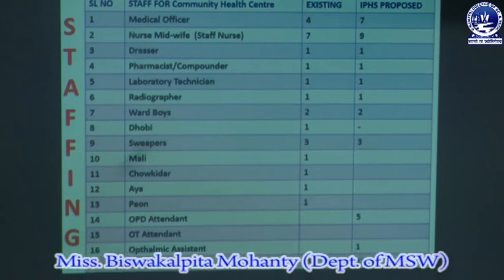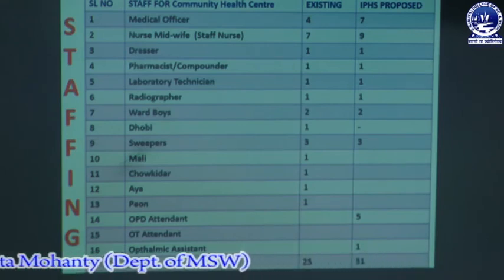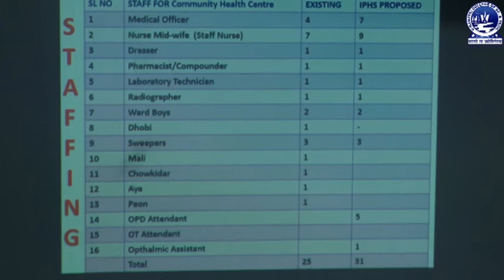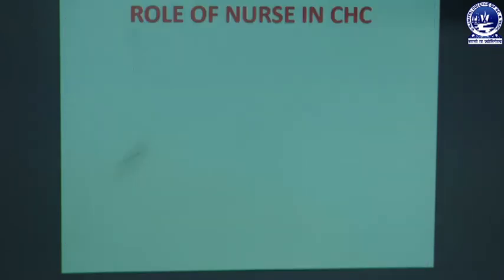And OT attendant also, which depends upon the different CHCs. And ophthalmic assistant proposed 1, but in the community health center there is no ophthalmic assistant. And existing are 25 health workers and proposed 31 health workers.